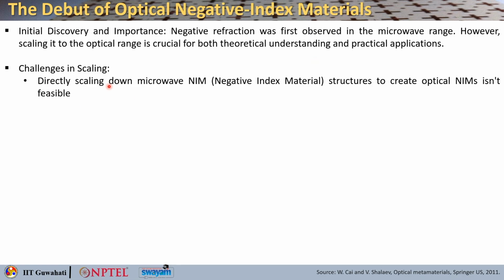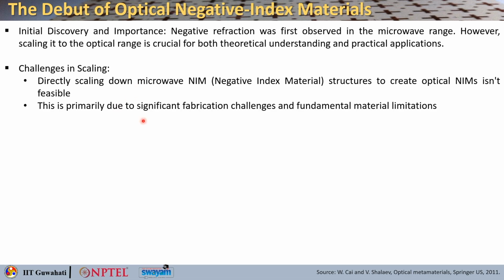Now, there are some challenges in scaling. So, directly scaling down the microwave metamaterials or negative index material structures to create an optical version isn't feasible, and this is primarily due to the significant fabrication challenges and fundamental material limitations.